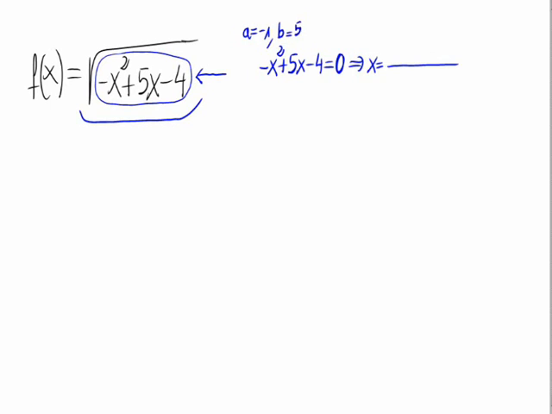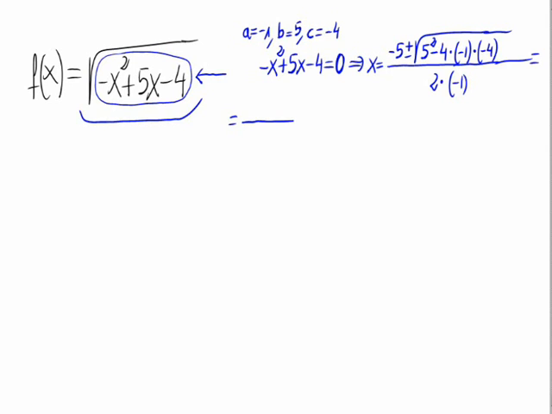Applying the formula for the second degree polynomial, the term with the x squared is minus 1, the term with the x is 5, and the independent term is minus 4. So let's go with minus b, that is minus 5, plus minus the square root of b squared, 5 squared, minus 4 times a times c, that is 4 times minus 1 times minus 4, divided by 2 times a, that is 2 times minus 1.